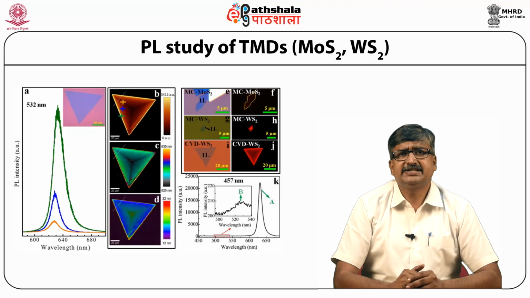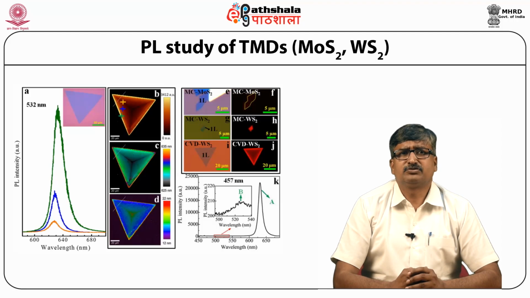F, H, J are the corresponding fluorescence images of the samples shown in E, G and I. The bright fluorescent images indicate the ultra high quantum yield of direct band gap light emission from CVD grown WS2 monolayer.